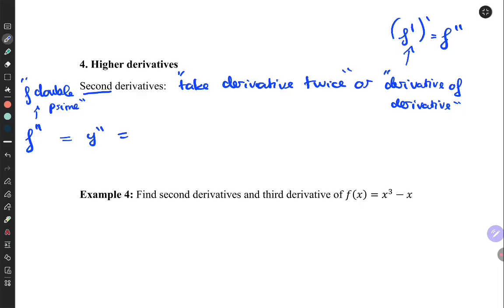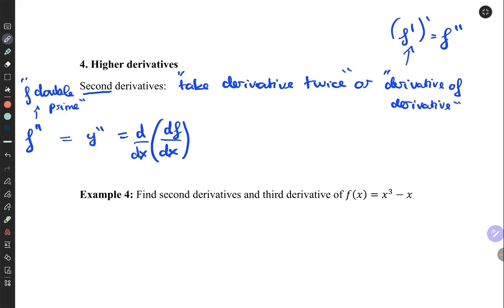How about Leibniz notation? Leibniz notation, the one with the d. First derivative, it looks like this. df over dx looks like that. You want to do another derivative there. First derivative, second derivative.